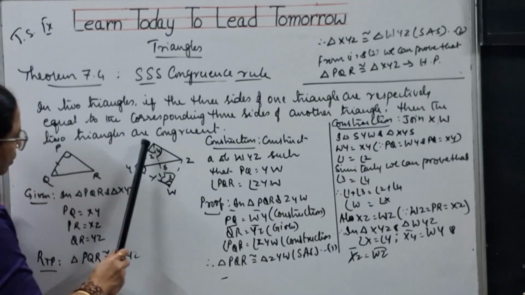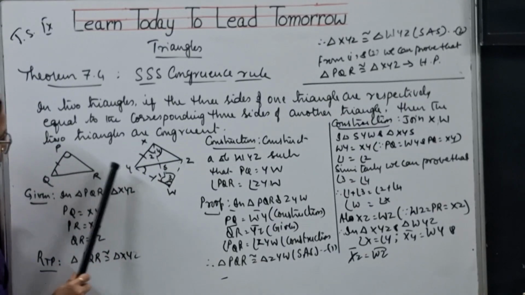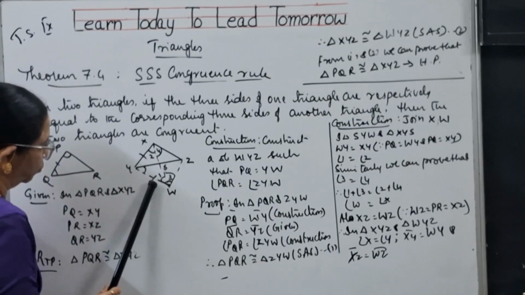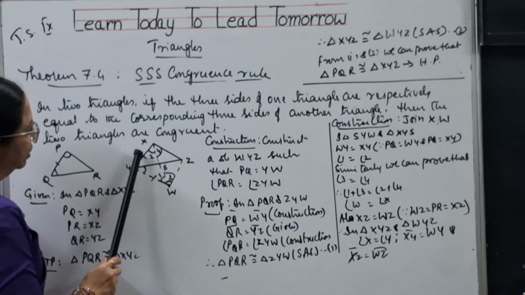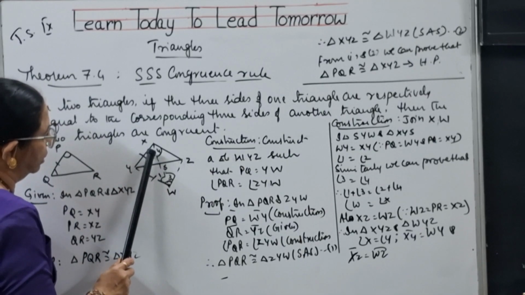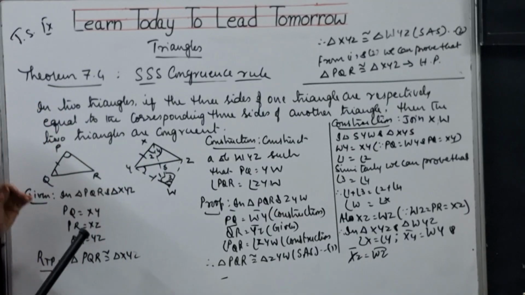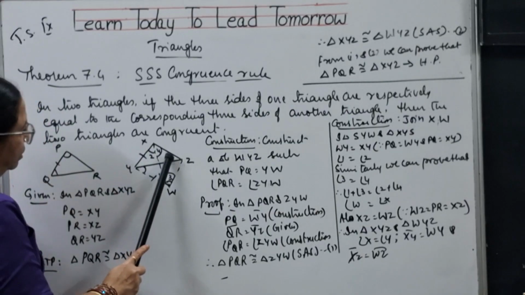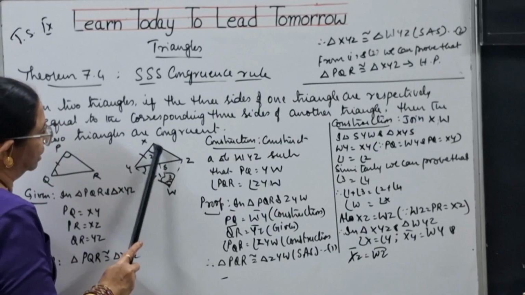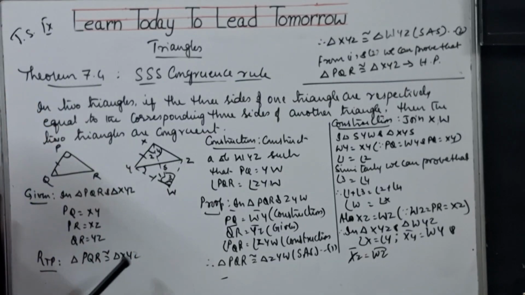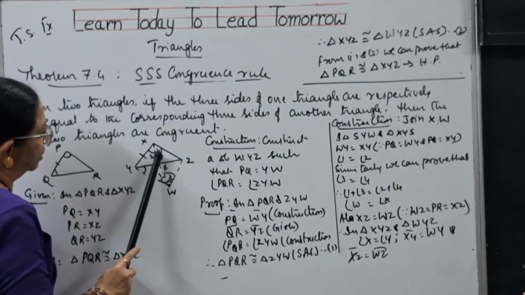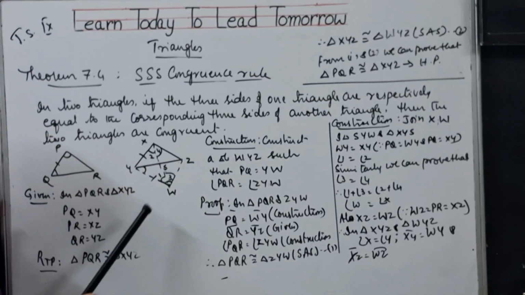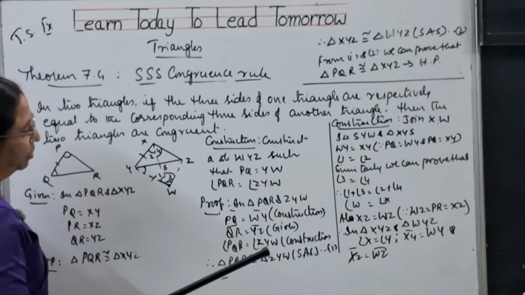Because PQ is equal to XY, PQ is equal to YW. So these two are equal, and angle 1 is equal to angle 2. Similarly, in these two triangles, we can say angle 3 is equal to angle 4. So angle W, that is angle 1 plus angle 3, is angle 2 plus angle 4. That means angle W is equal to angle X.